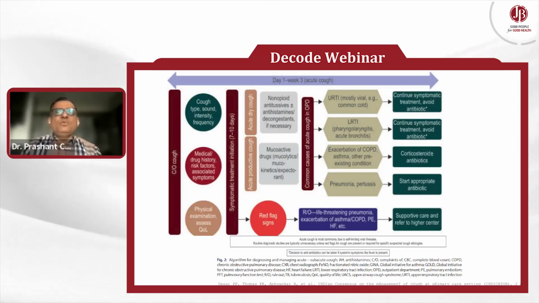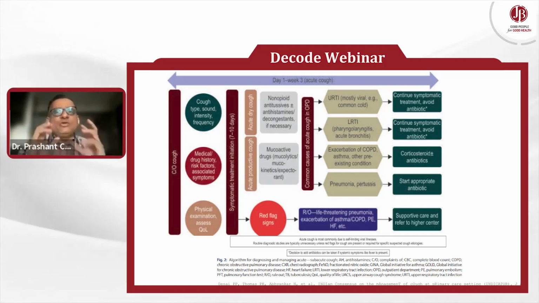Now, when we are talking about cough, how do you assess the cough, particularly if it's an acute cough? We are going to differentiate between acute cough, subacute cough, and chronic cough. So that's what these guidelines have done. That's the way they have gone ahead.